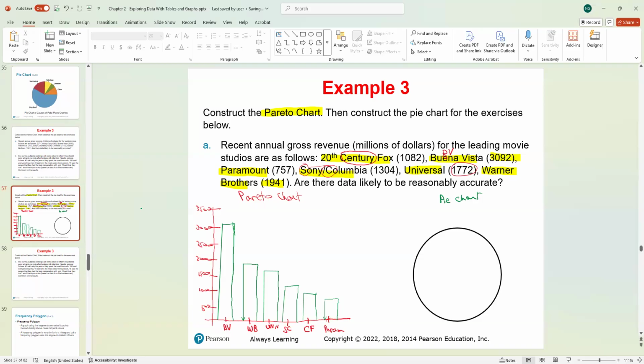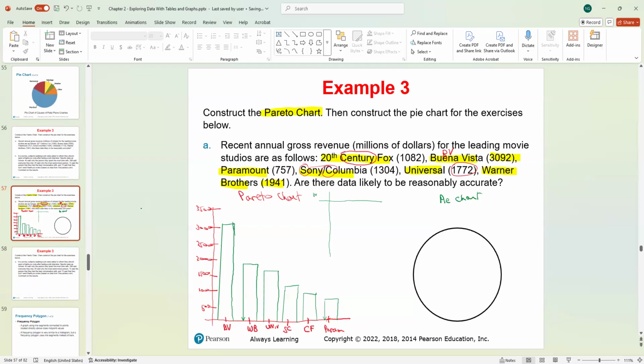So what I'm going to do first of all is find the relative frequency. Relative frequency is very important. I know the frequency, so I'm going to construct a little table, because we have annual revenue for the movie studios.